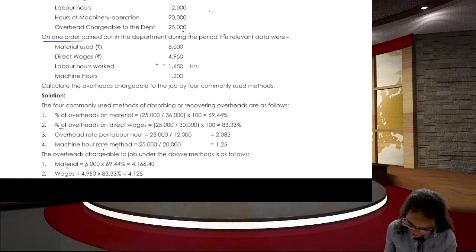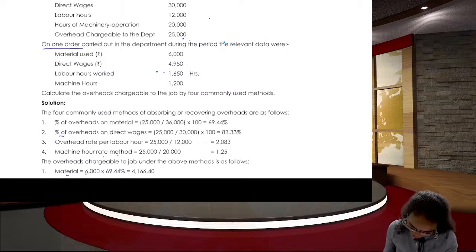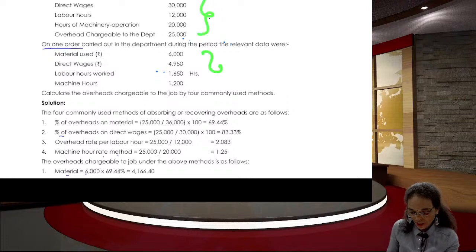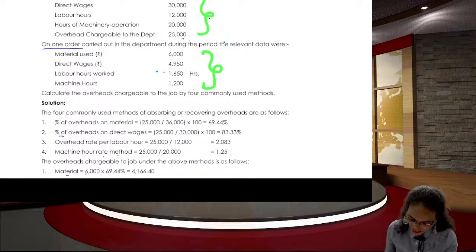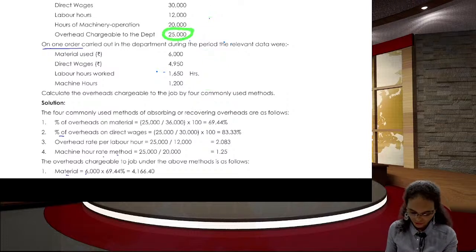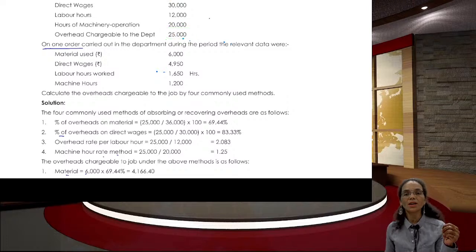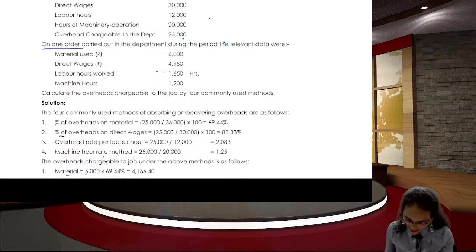See, the factory overhead, the previous year data. Based upon this data, we need to charge it to the customer. So 25,000 previously we incurred as a factory overhead when the material is this much. So when I say what is the percentage of overheads to be recovered on the basis of the material, in the sense the expenditure which I have incurred is 25,000 when the material is 36,000.